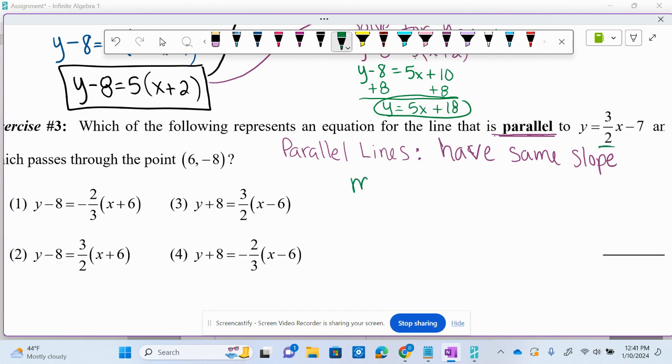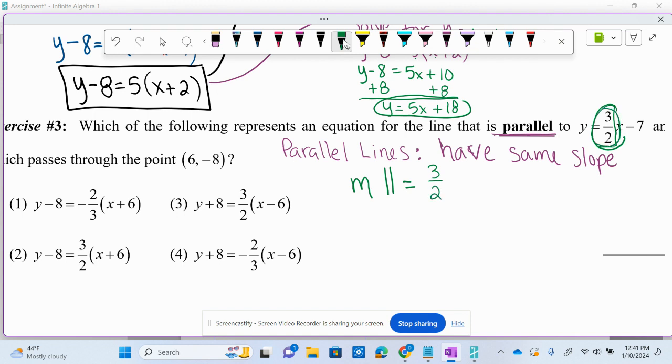So the slope, m stands for slope, of my parallel line, that symbol of two lines together means parallel, has to equal what? Yeah, the slope has to be 3/2 because that's the slope of this line.